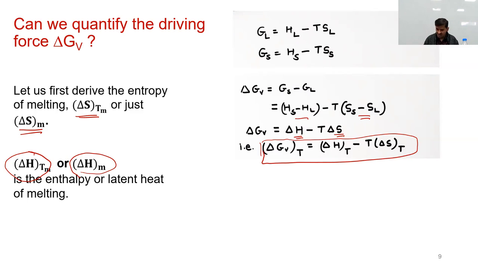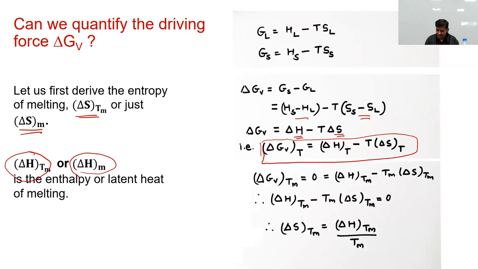This can be fine-tuned further to get a more generally useful relation, which I will quickly show you. Let us try to get a nice relation for this entropy of melting. You know that at the melting point, solid and liquid have the same free energy, so delta GV at the melting point must be 0. That means delta Hm minus Tm into delta S at Tm must be 0.